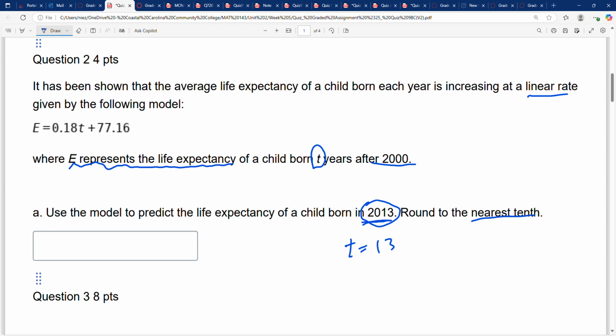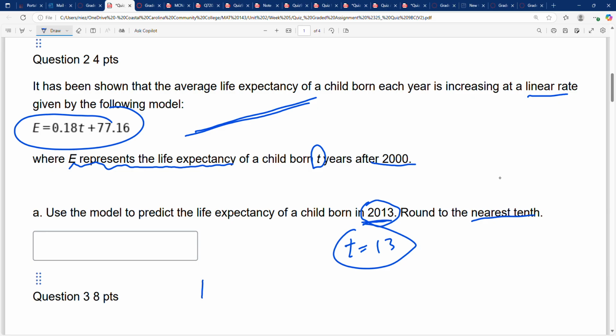So it's growing. This is a linear model, and it is growing like this. Anyway, for this question A, you just plug t equal to 13 into the function. You will get E equal to 0.18 times 13, then plus 77.16. You can use a calculator to calculate this value.